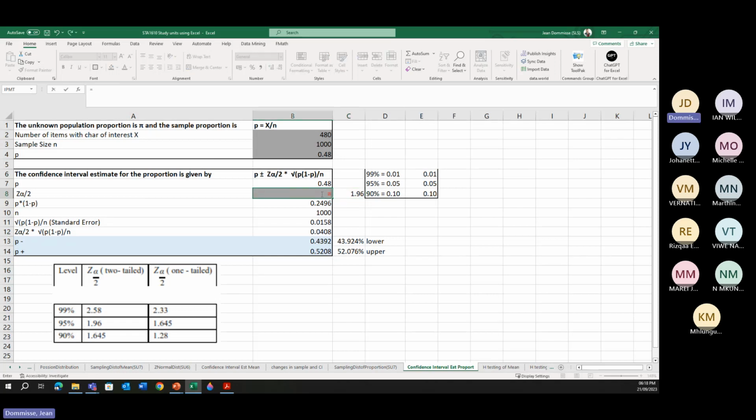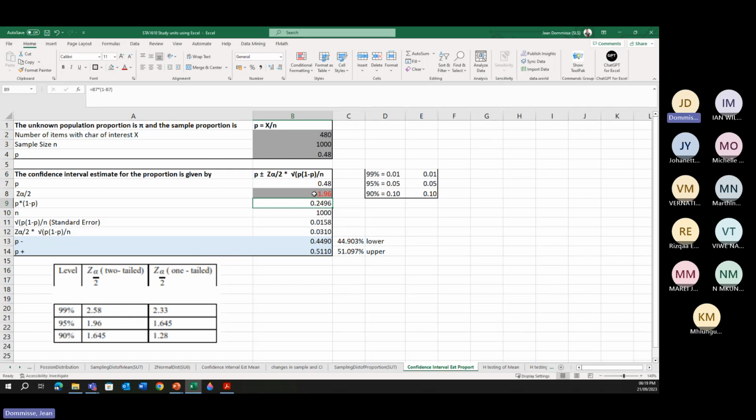Let's see, Z inverse. Okay, there's only a... I was looking for something. I will check if there's a function for that.